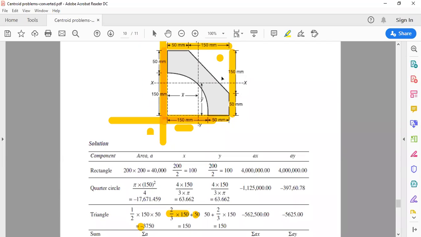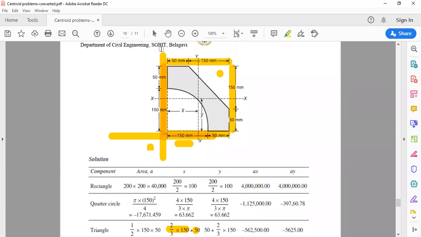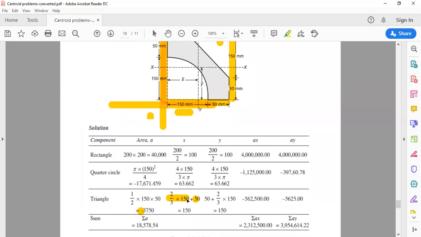X bar means I want the distance from reference y-axis to individual centroid, and this individual centroid distance is 50, which will get me to the apex of the triangle, and from apex the distance of centroid is 2/3 of the length, which is 150. So it is 2/3 of 150 plus 50.